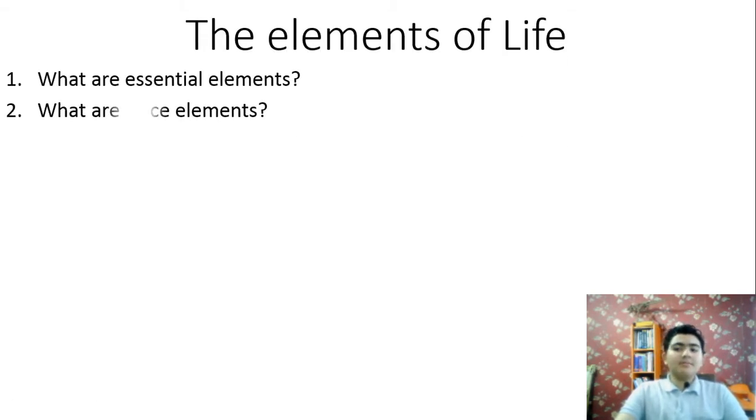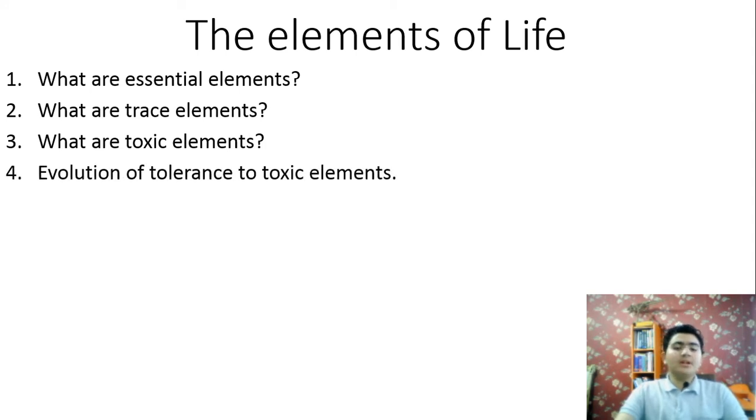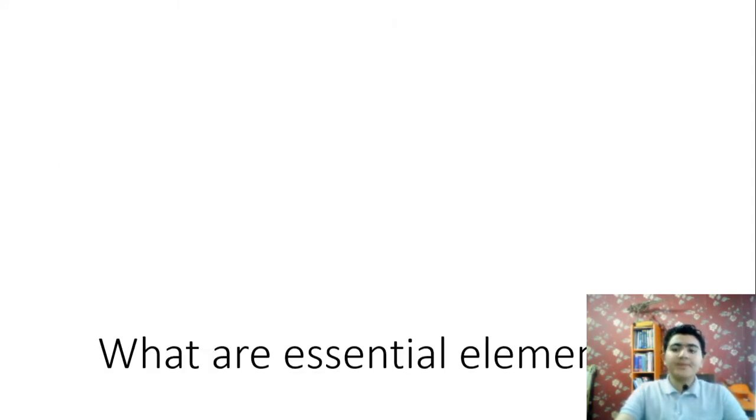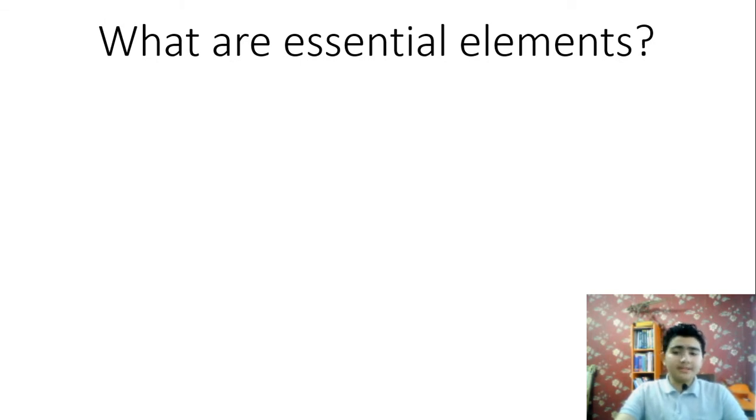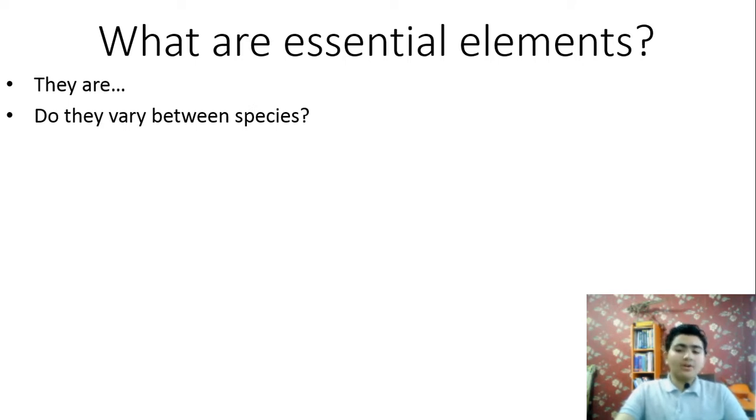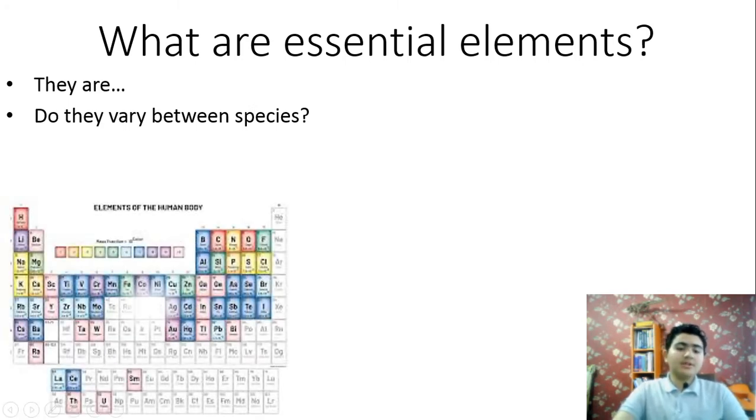These are the main subjects for this video, so let's get started. Of the 92 natural elements, about 20 to 25% are essential elements that an organism needs to live a healthy life. The essential elements are similar among organisms, and you can see them in this periodic table, ranked from the most important to the less important.